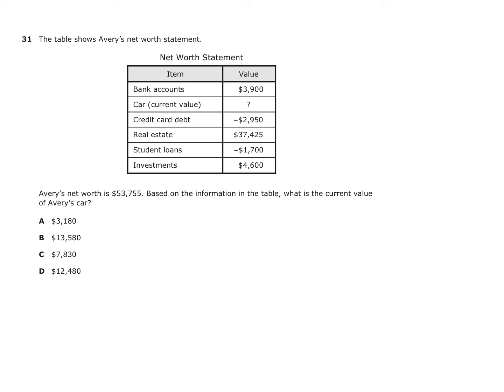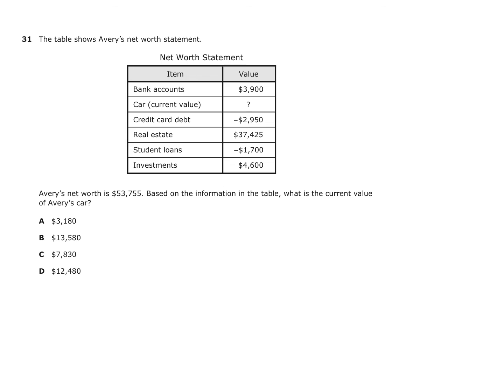Number 31. The table shows Avery's net worth statement. His net worth statement says in his bank account he has $3,900. The car's current value is a question mark. Credit card debt is negative $2,950, which means he owes $2,950 to credit cards. Real estate is worth $37,425.